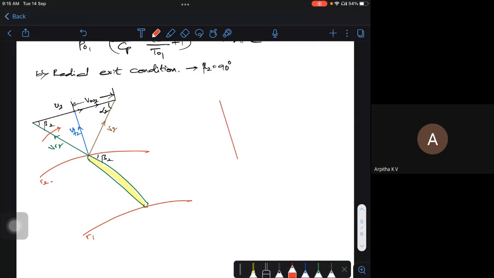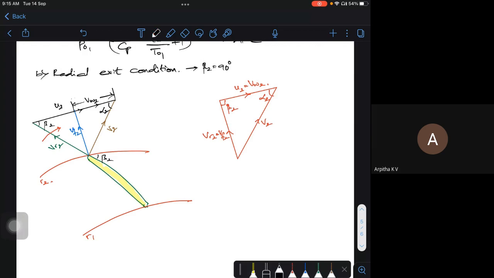It is simply a right angle triangle. So VR2 is equal to VF2. This will be my V2. This is my beta 2, which is 90 degrees, and this is my alpha 2. And this is my U2, which is also equal to VW2. Your VW2 is equal to U2.